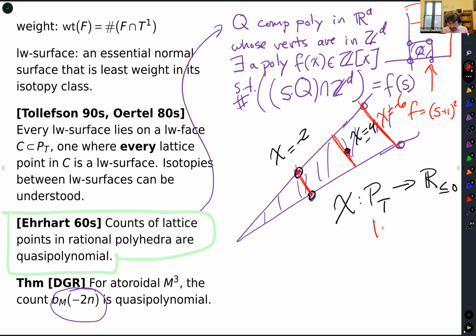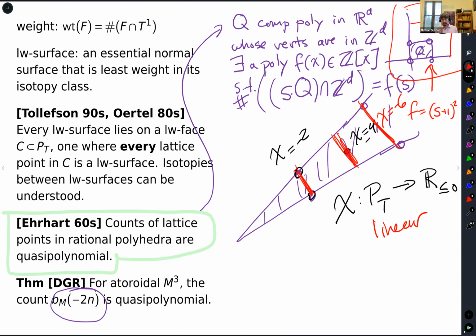So this turns out to be linear. And so looking at which surfaces have a particular Euler characteristic is like intersecting our face here with level sets of a linear function. That's very much the same thing as this.